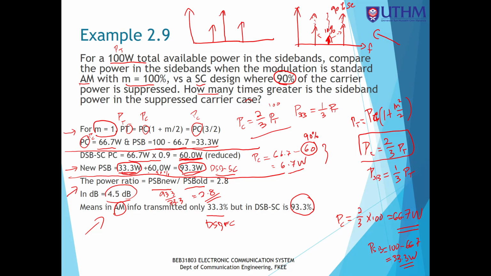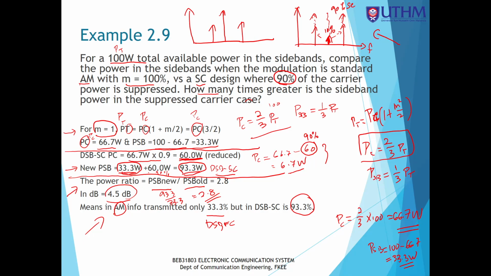Then the question asks, how many times greater is the sideband power compared to the full carrier case? In order to compare, we do the ratio: power sideband new divided by power sideband old.